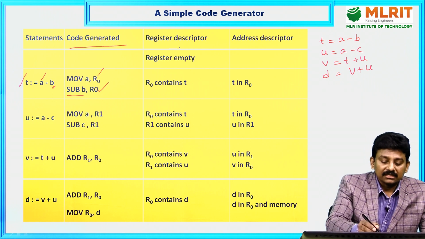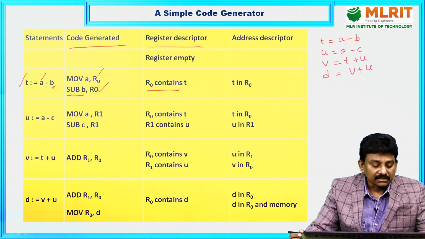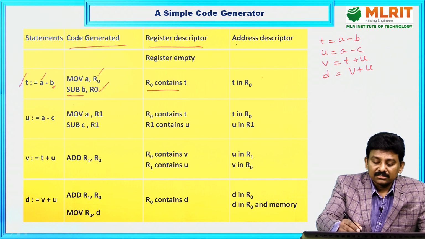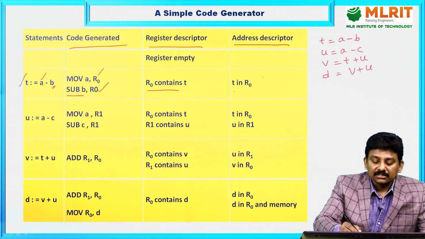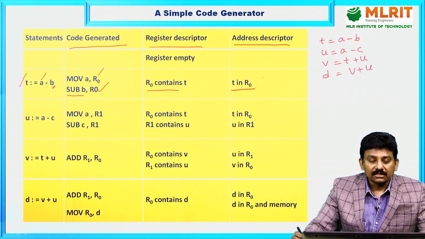So the register descriptor tells that r0 contains t, which register contains the result of the expression. r0 is now containing the result of t, t is what? a minus b. Address descriptor means which value of variable is stored in which register. So, t is in r0.